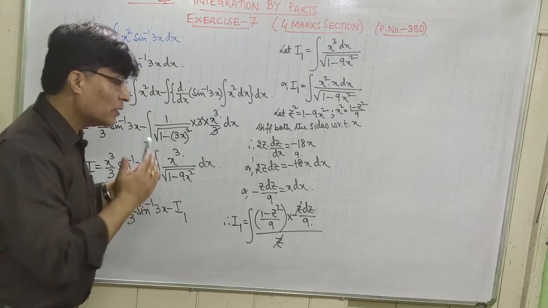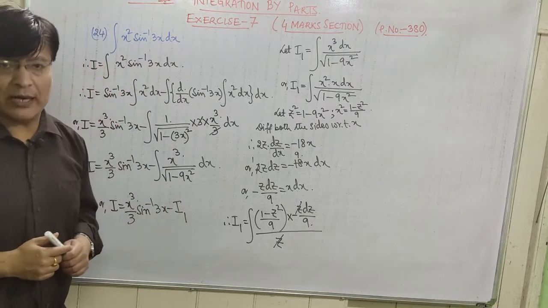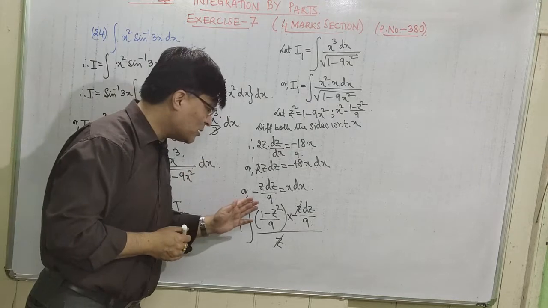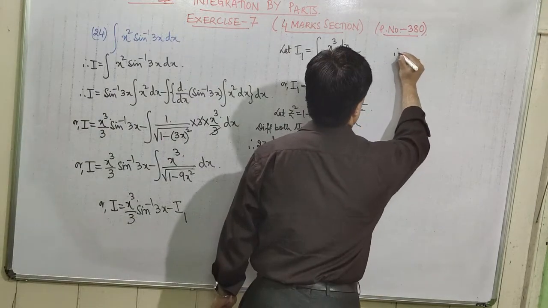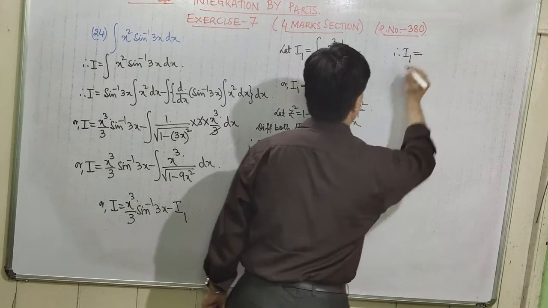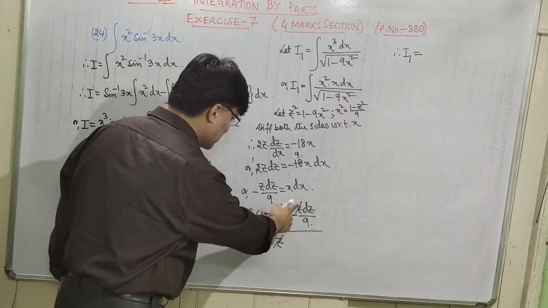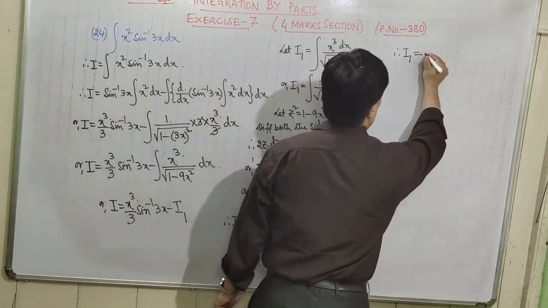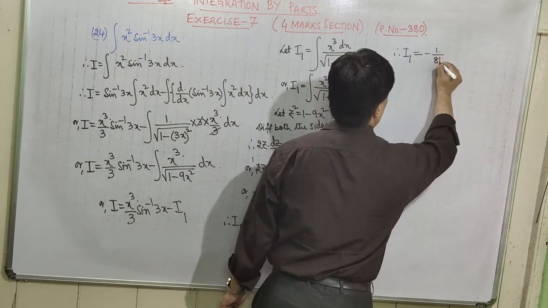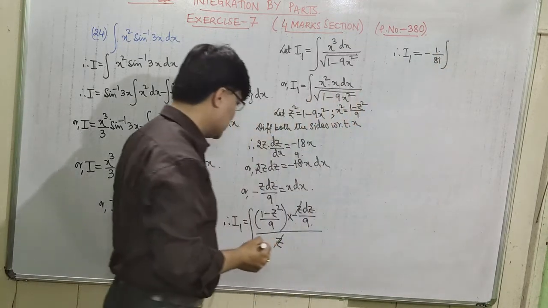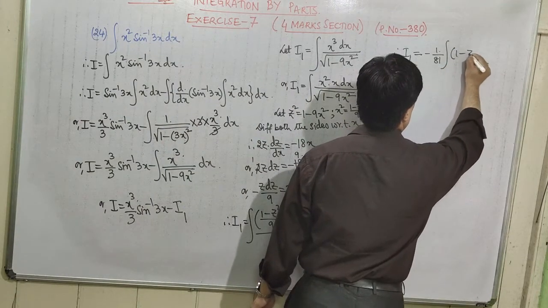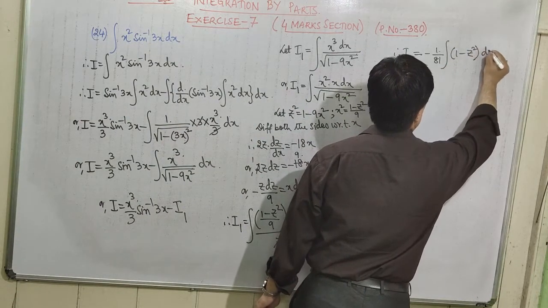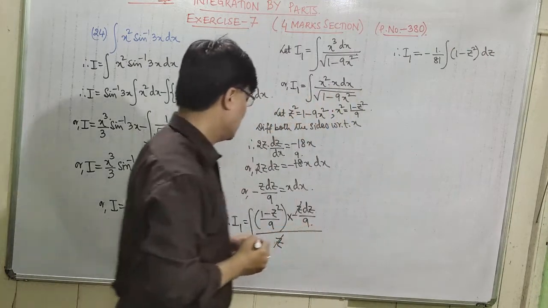So now how can you evaluate this integration now? So let us write down the constant term outside the integral sign. Therefore I1 is equal to, which is constant here? Minus 1 by 81. Minus 1 by 81 is constant here. Integration of, within bracket, 1 minus z square dz.